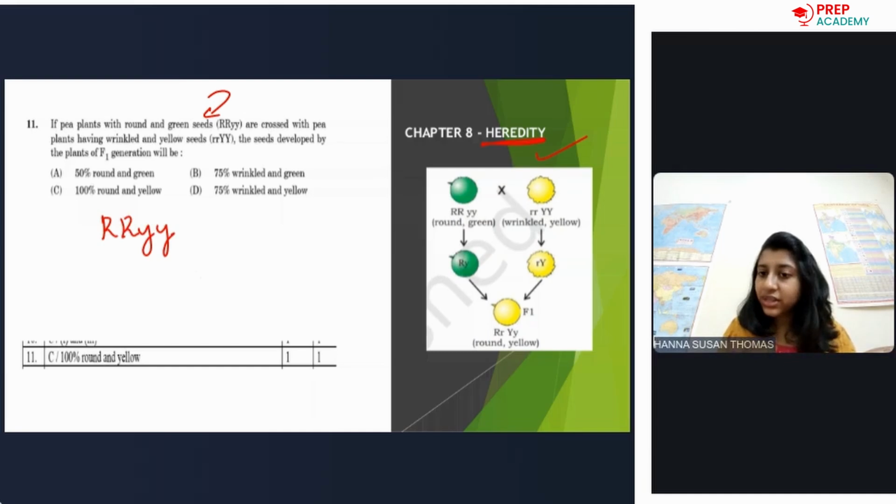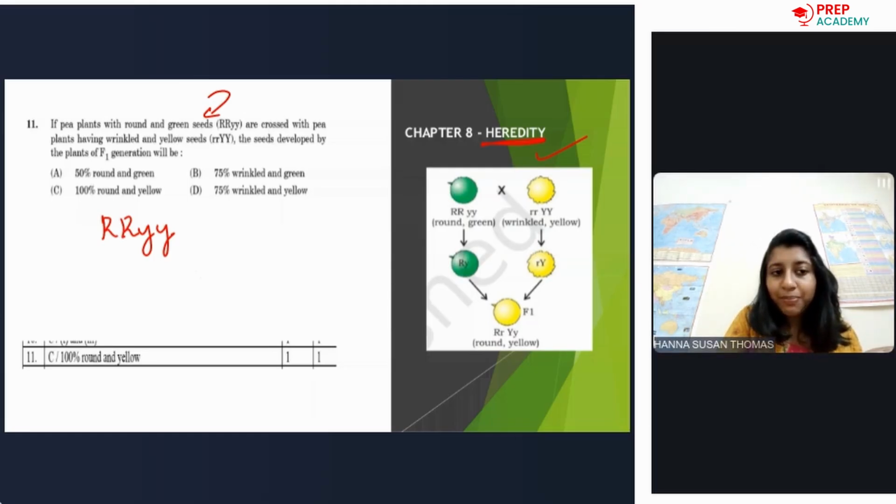Here round is the dominant trait, that is the shape of the seed, and green, the color of the seed, is the recessive trait, right?